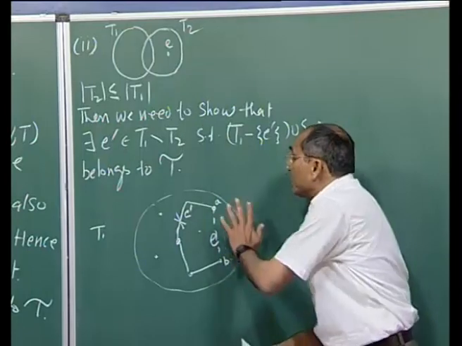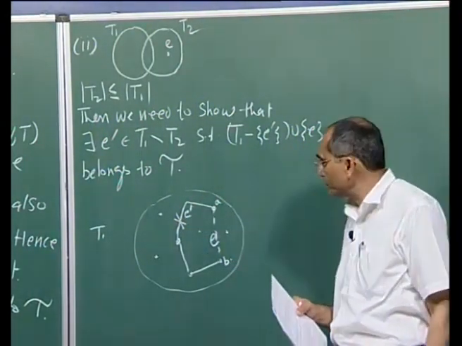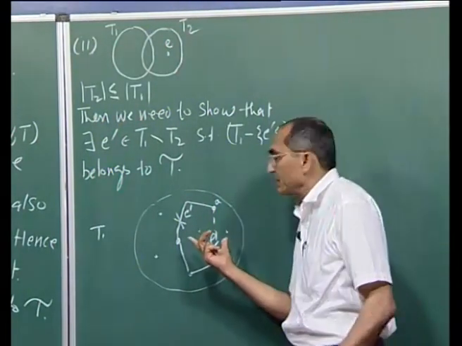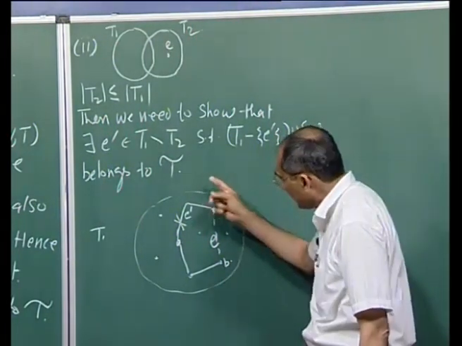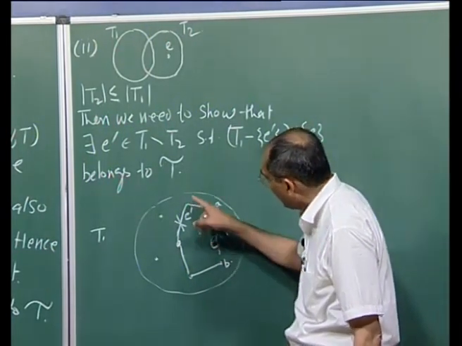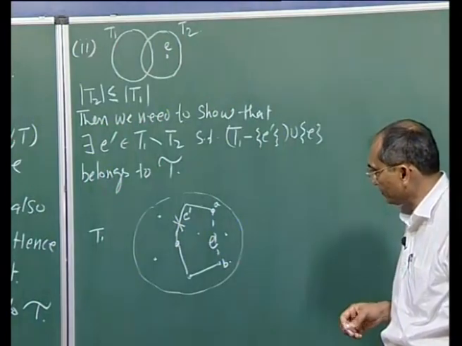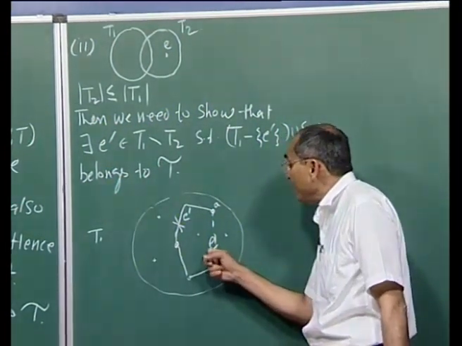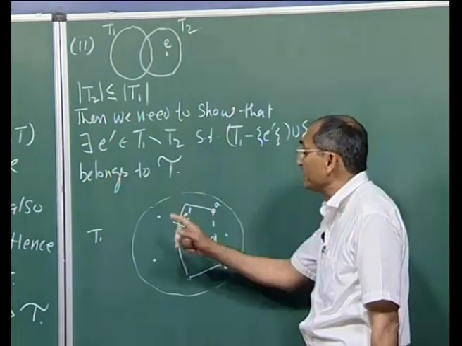Now I want to show that this again is free from any cycle. So let us suppose this is still a cycle. There is a cycle in T1 after incorporating E and deleting E prime. Suppose there is a cycle. In that case, that cycle must contain E in it, because without E anyway there was no cycle in the graph.